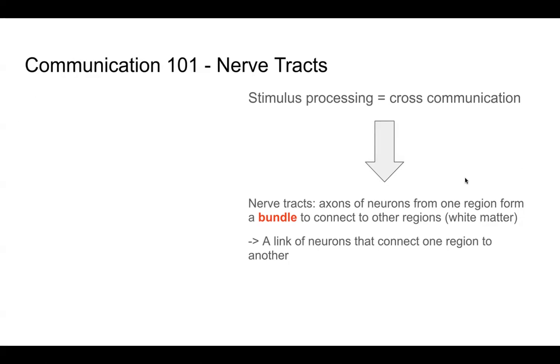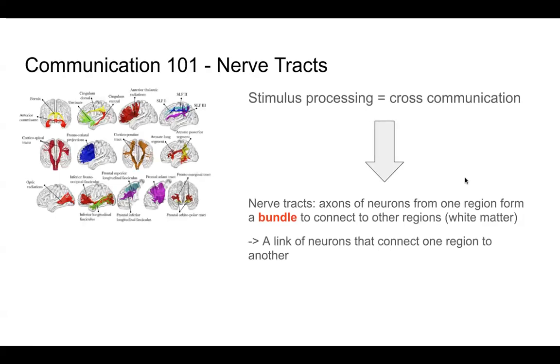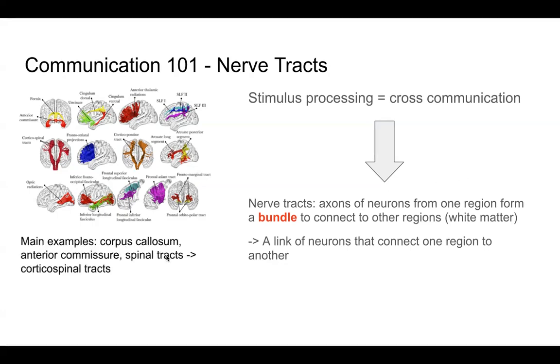Anyways, basically, these are tracks that connect one region to another through the axons. As you can see here, there are so many different nerve tracts, but the most common one I'm sure you've all heard about is the corpus callosum. That's the thick bundle that connects both hemispheres of the brain.